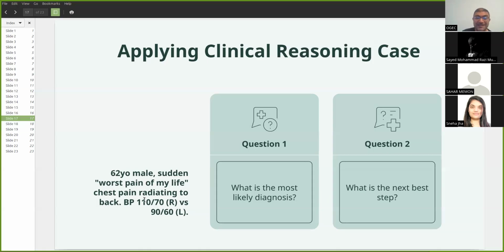Sometimes when the patient is unstable, we do not have time for imaging. The next best step is to send the patient to the operating room. So it can be based on the clinical scenario. It can be a CT angiography, which is the gold standard to diagnose aortic dissection.